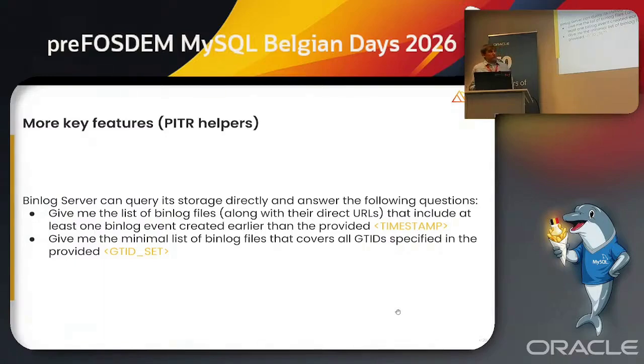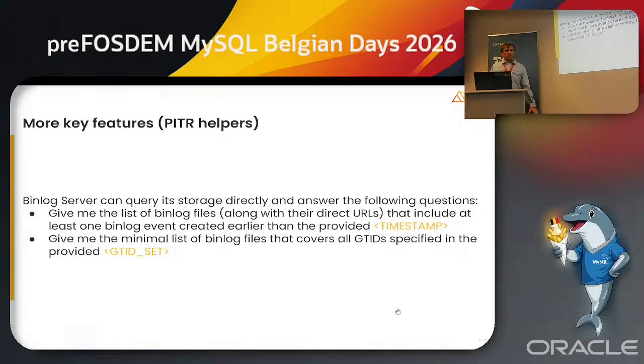In addition to that, we had a few requests from our operators team, the primary requesters currently of this project, for their point-in-time recovery needs. In particular, what they wanted us to do was to answer two simple questions for them.